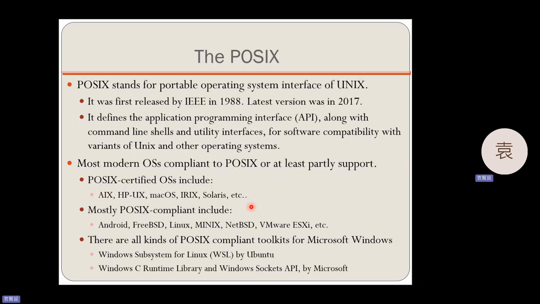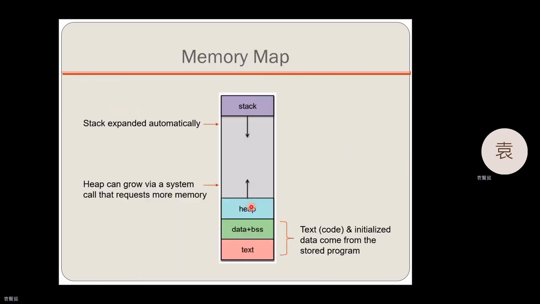Let's go back to see the process memory map, which in general looks like this. After the child process is created, because the instructions it needs to carry out may be reconfigurable, every time you fork a child, you ask the child to do something else. Before you fork a child, you receive an input parameter or whatever.